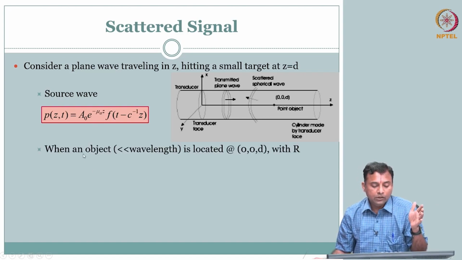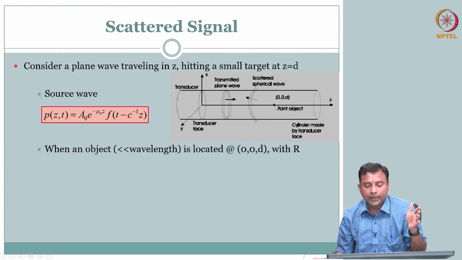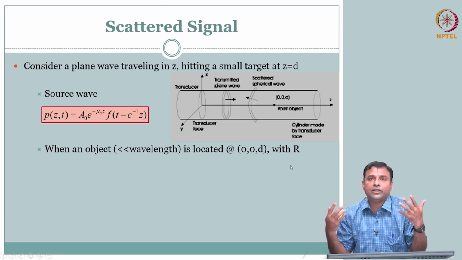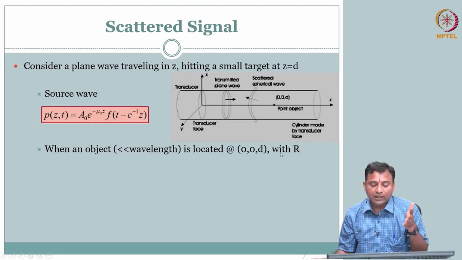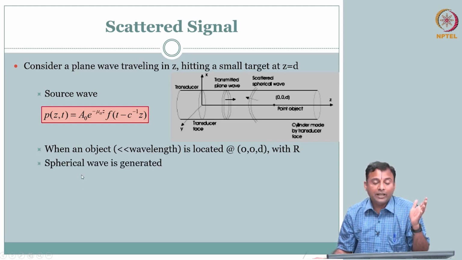When an object much smaller than your wavelength is located at 0, 0, D, it has an impedance mismatch, and that impedance mismatch gives rise to a reflection coefficient R. So a spherical wave is generated.